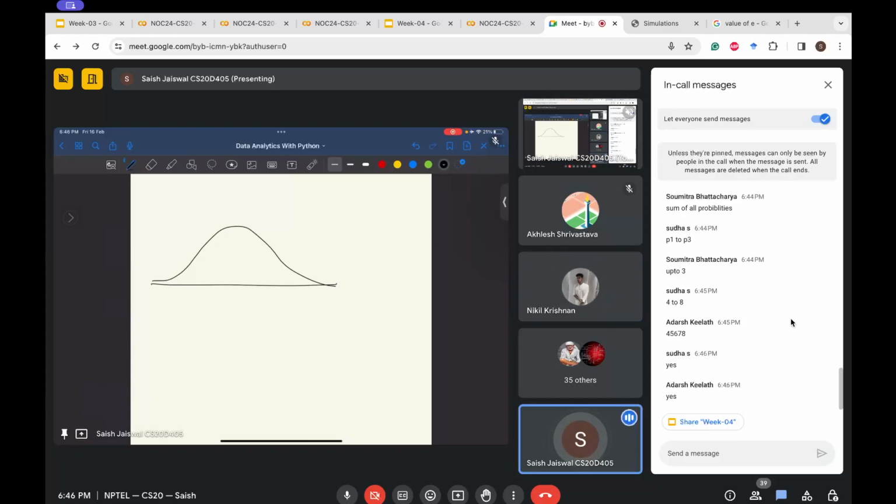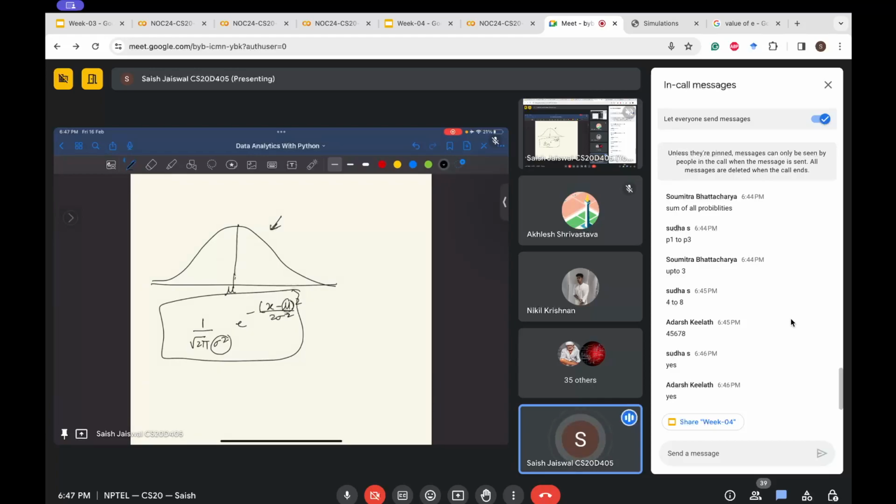There will be, because every distribution will have its own formula. Like for normal distribution, it is 1 over root 2 pi sigma square e to the power minus x minus mu square over 2 sigma square. So this is the formula for normal density curve or normal distribution, where sigma is the standard deviation and mu is the mean of the distribution.